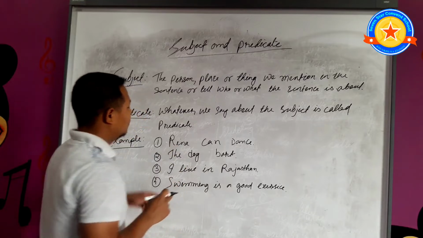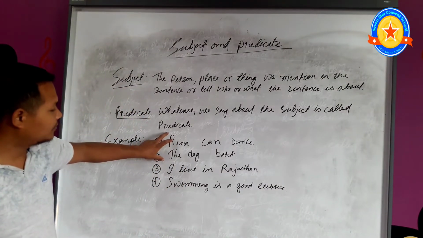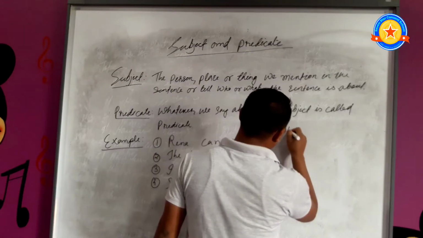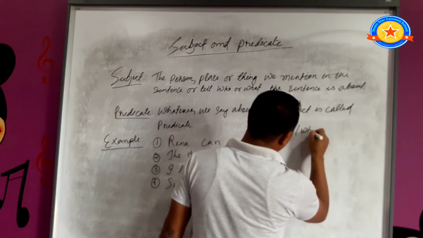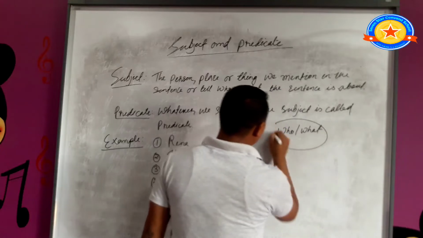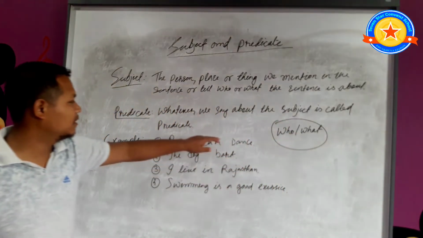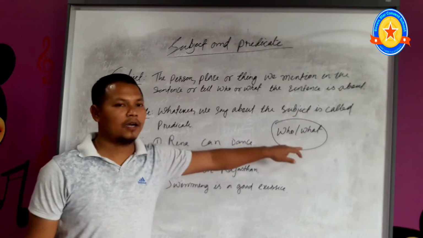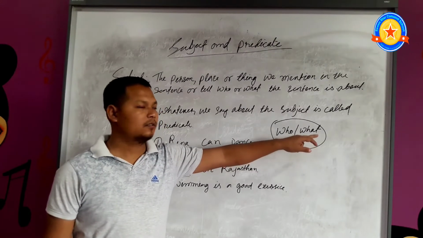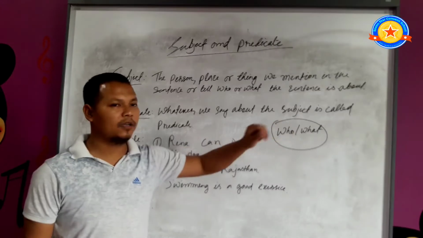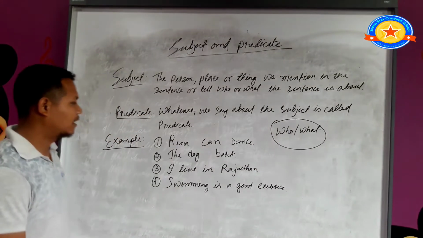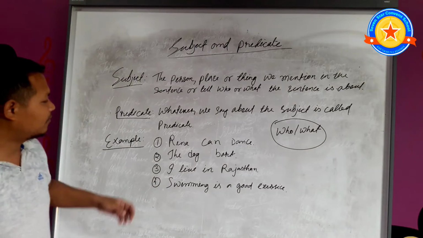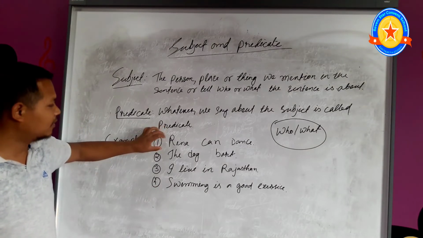To find out the subject, we need to ask the question: who or what? Who is speaking, and what is being done? Everything we can find here. Let me go one by one.